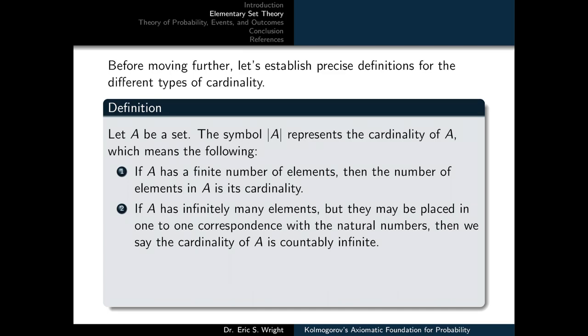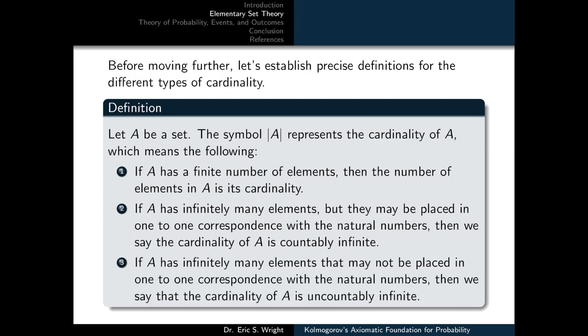If A has infinitely many elements, but they may be placed in one-to-one correspondence with the natural or counting numbers, then we say the cardinality of A is countably infinite. If A has infinitely many elements that may not be placed in one-to-one correspondence with the natural or counting numbers, then we say that the cardinality of A is uncountably infinite.